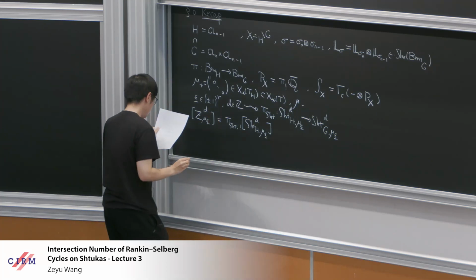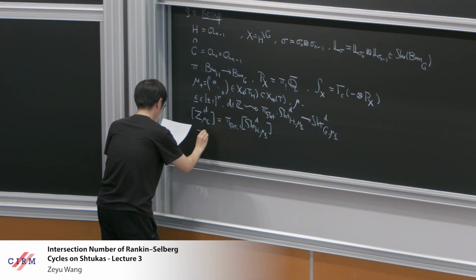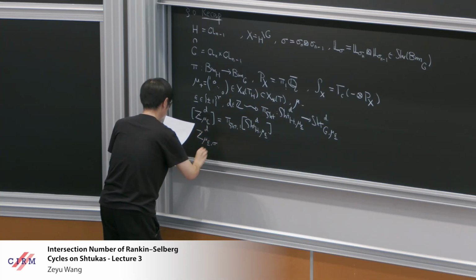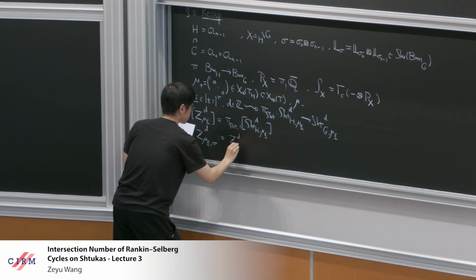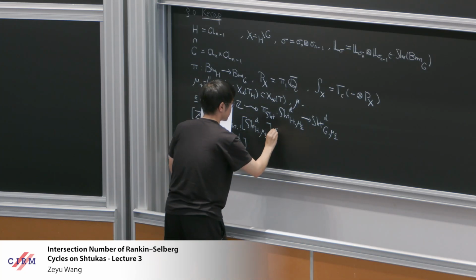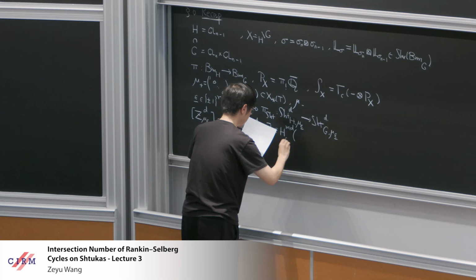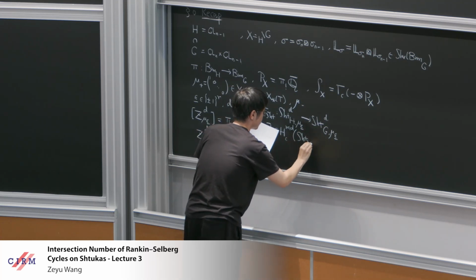And we somehow only care about its sigma isotypic part. So what is that? You just restrict this special cycle. Recall that it's a covector in this middle dimensional compactly supported cohomology.